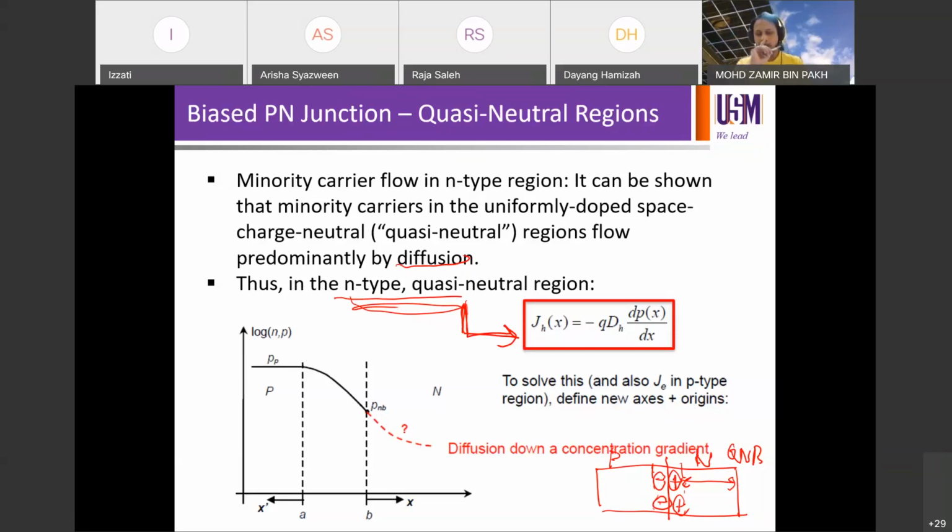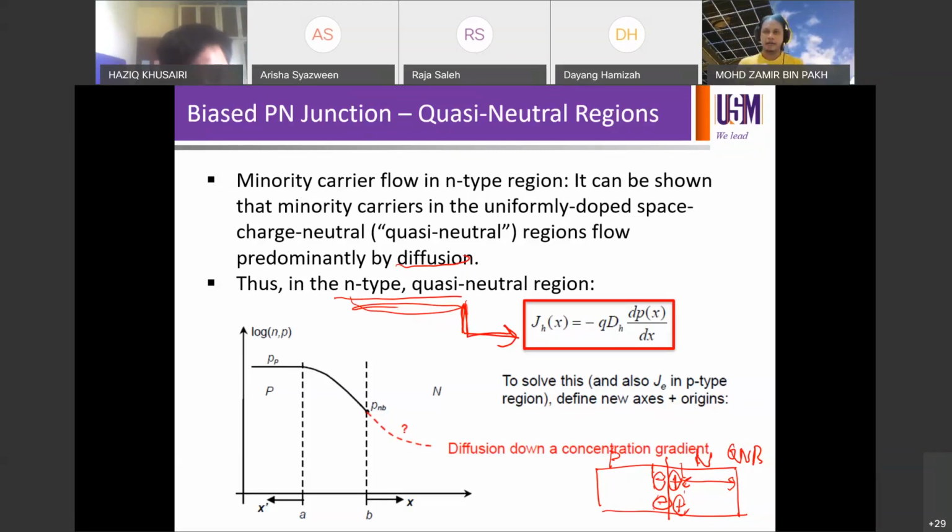Why are we calculating holes in this case? Anyone, before I continue? Why are we interested in holes, not electrons? Minority. Okay, the hole is the minority in N-type. Yes, the hole is the minority.